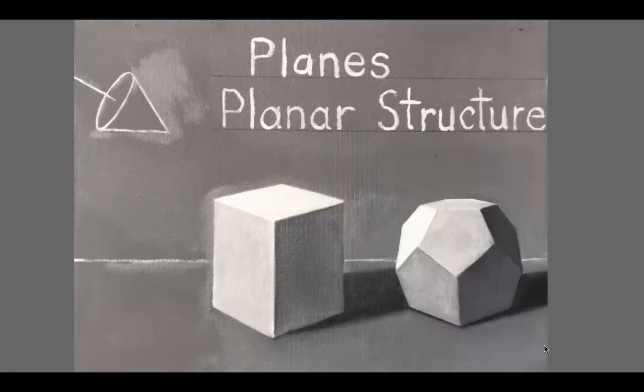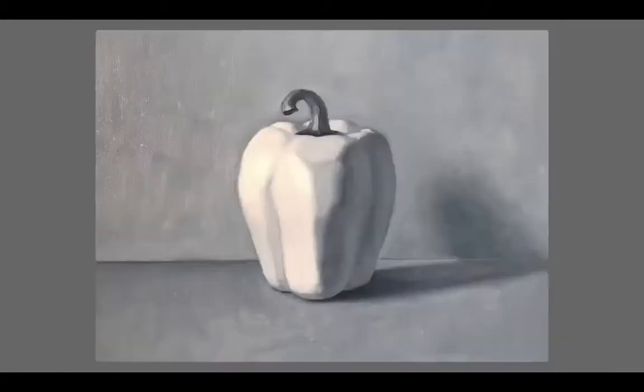We can think about a pure idea of planar geometric forms and how they may respond to light and shadow, and then how we can interpret an organic form according to the principles of planar structure. And hopefully people have started to understand the way we can take this simplified understanding and apply it to more complex forms.